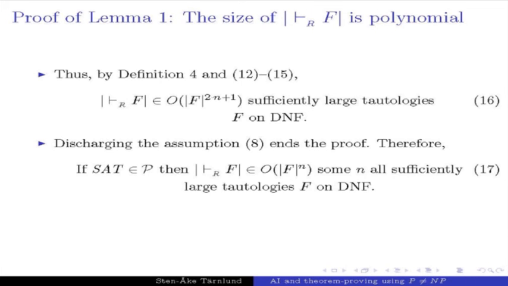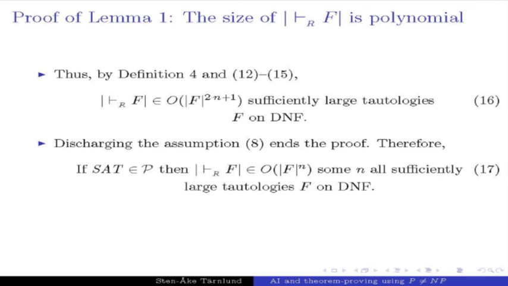So we have that for all sufficiently large tautologies F on DNF, there exists a resolution proof of F in polynomial size, because we have actually constructed it. That was the delta. Okay, so for this result, the only thing we have assumed, and we haven't sneaked in any other hidden assumption, and Hilbert's proof theory is good at that, because it has rules for how you deal with assumptions. So we can transform this, if we want to, to a proof in Hilbert's proof theory and check that nothing has been sneaked in.